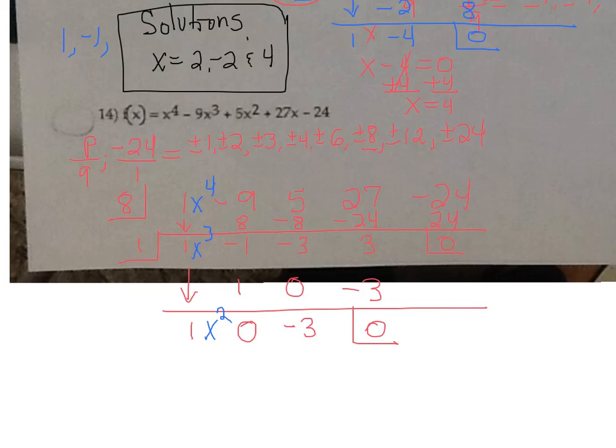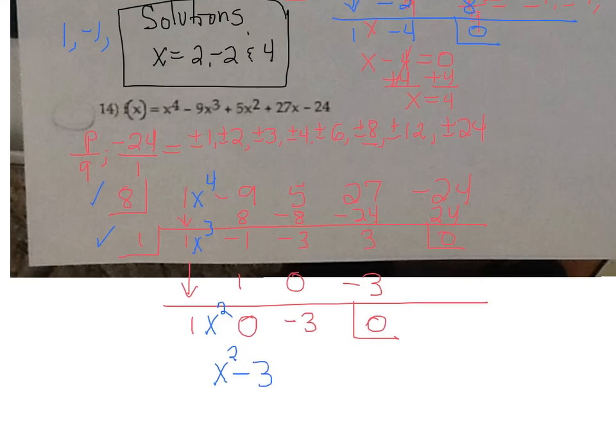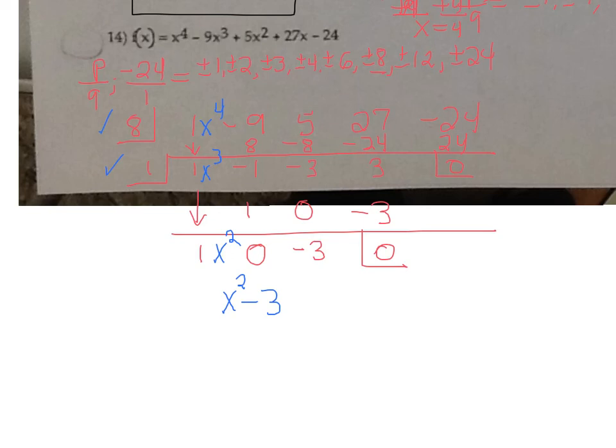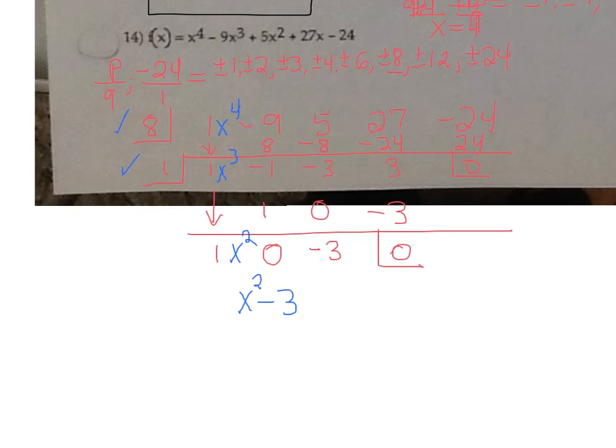So my solutions, if I have 8 and 1 already, what I can do is take the factor at the end, x squared minus 3. Actually, 2 solutions come from one factor. That is equal to 0. So when I solve for x, I move the 3 over.